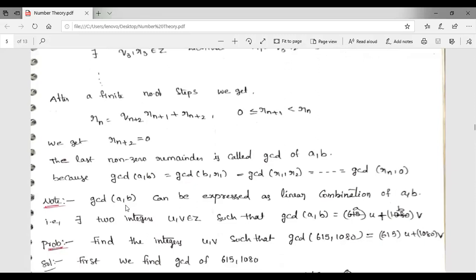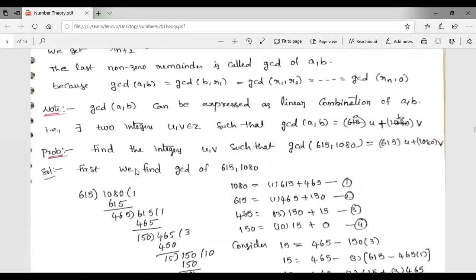So, a problem on this Euclidean algorithm. Find the integers u comma v such that GCD of 615 comma 1080 is equal to 615u plus 1080v.